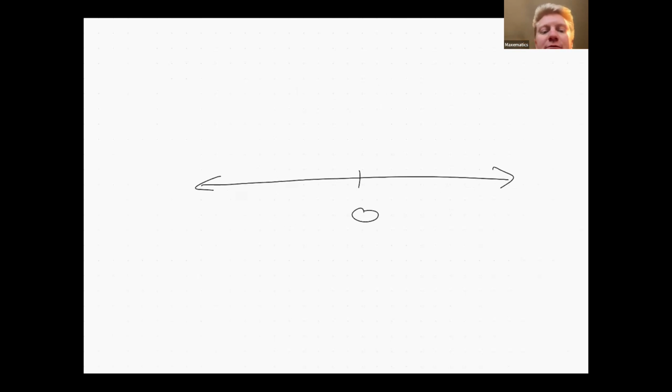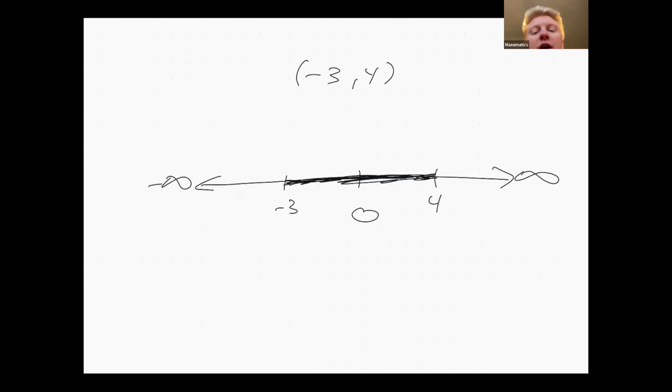Well, -3 to 4 would be, let's put -3, let's put 4, and -3 to 4 says everything in between -3 and 4. But we need to add one more restriction, and it's the fact that on the open interval -3 to 4, parentheses mean that we're not allowed to be equal to -3, and we're not allowed to be equal to 4. We can be like 3.9999999, but not 4.